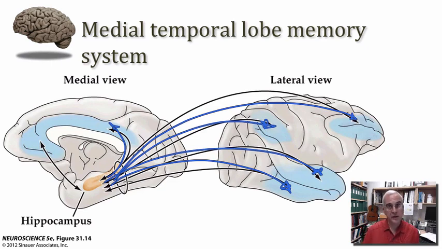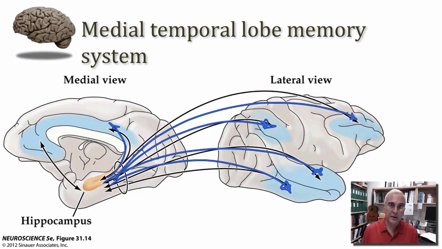Amnesia can be in the anterograde direction, that is, from a moment in time of injury or disease or disorder going forward, or amnesia can be retrograde. It can project back into time prior to the moment of injury or disease and disorder.